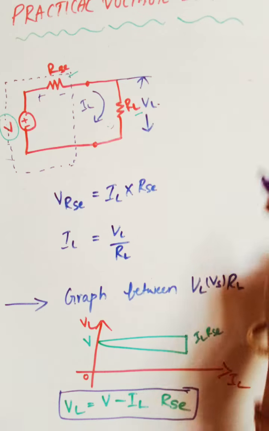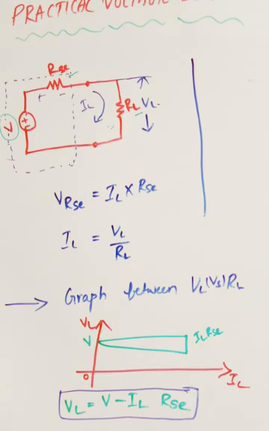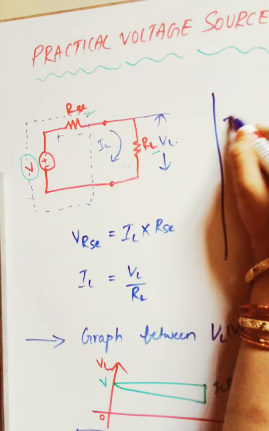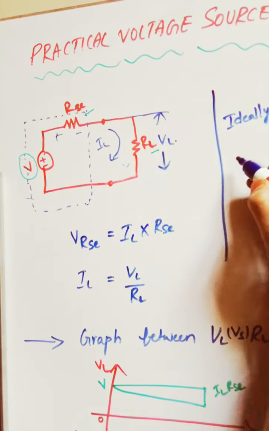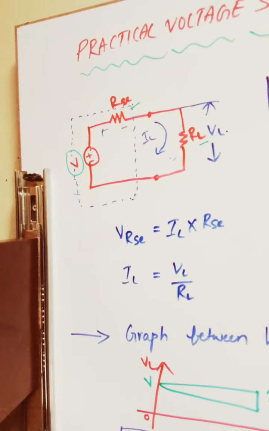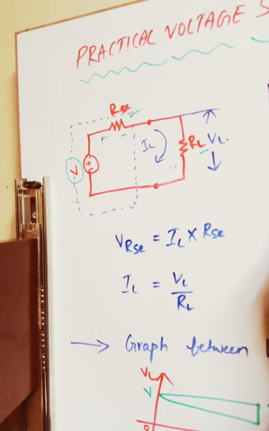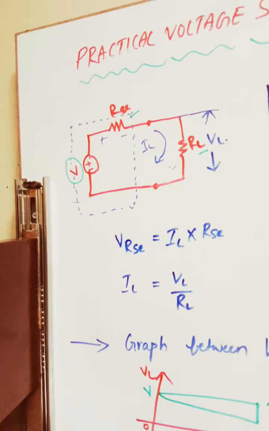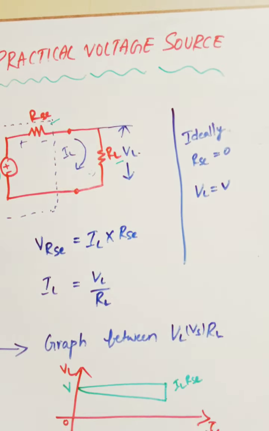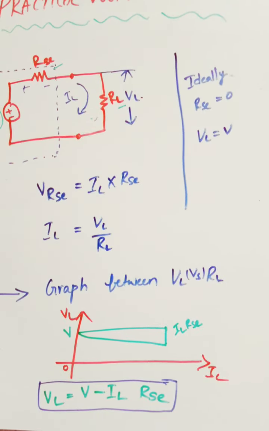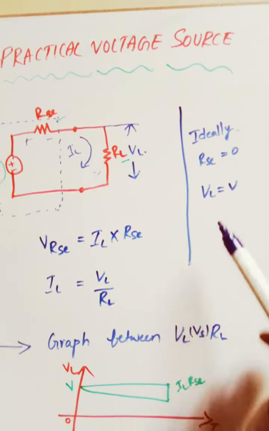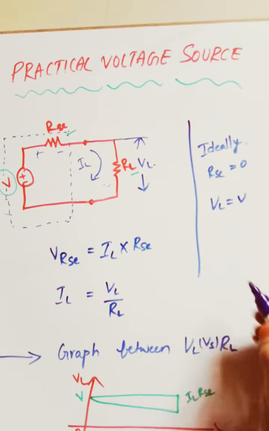Ideally, the RSE value is 0, so I can say VL is equal to V. With RSE equal to 0, VL is equal to V minus IL into 0, that is VL is equal to V. But practically it is not possible.